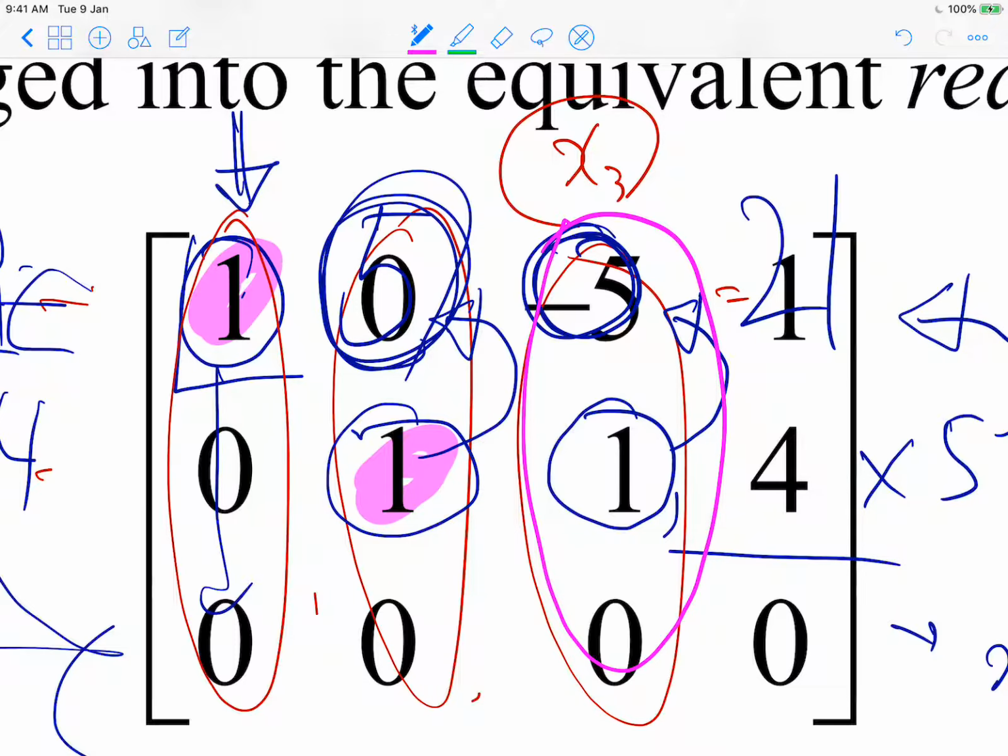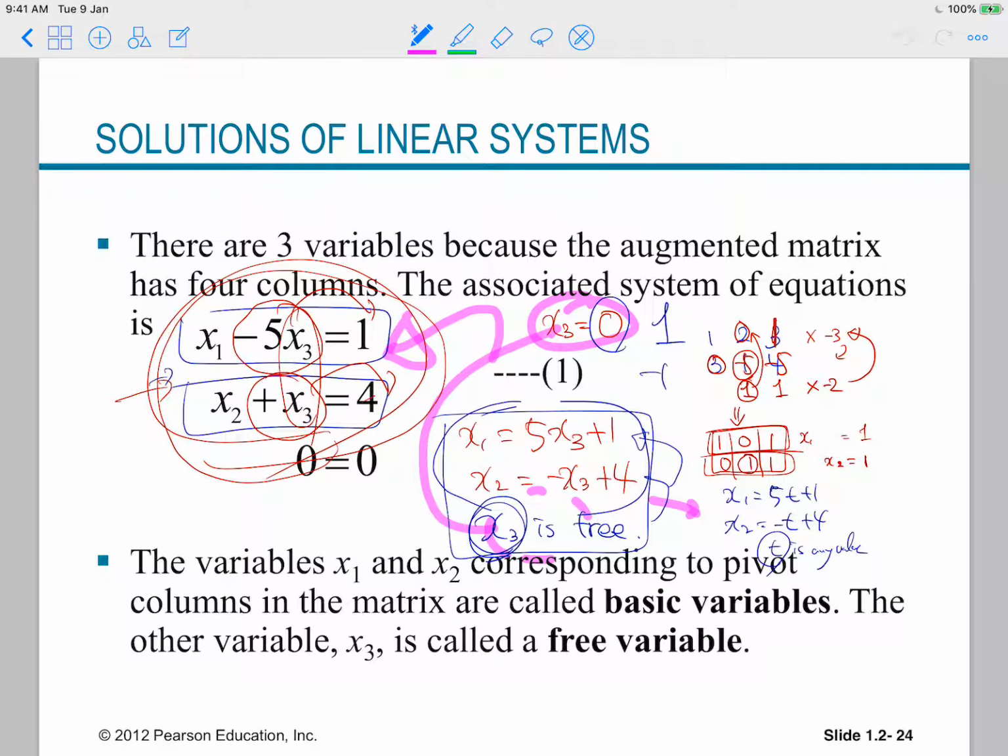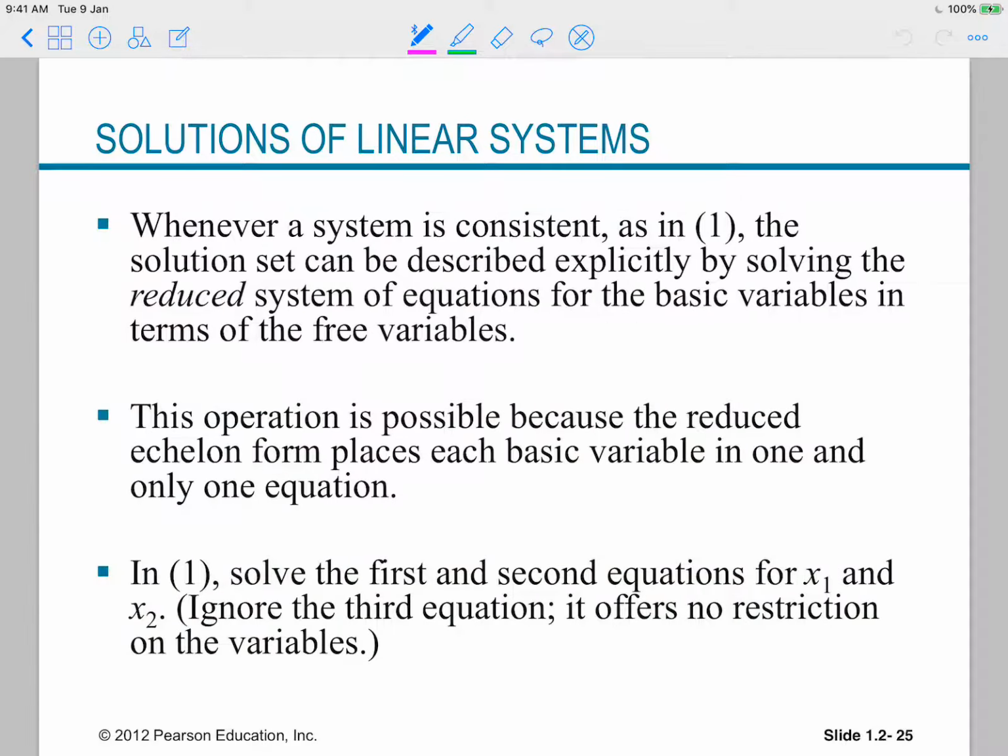Once we obtain this reduced echelon form, we just convert it to the equation form, and then we leave all the basic variables, such as x1 and x2, on the left hand side, but we move all the free variables to the right hand side.